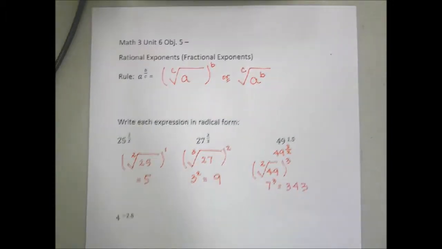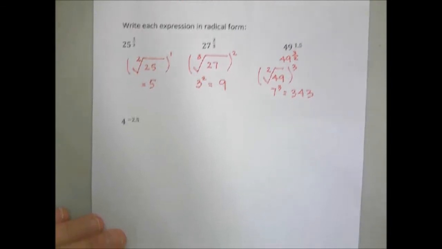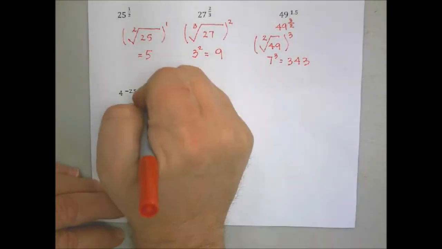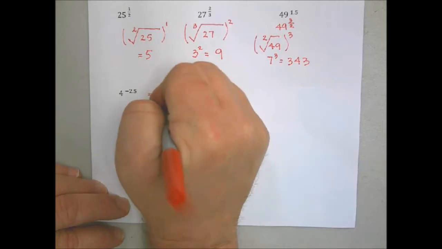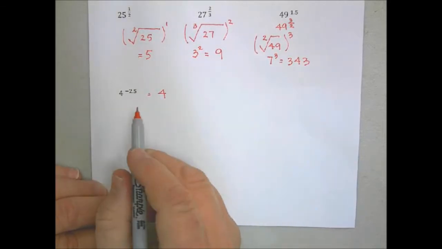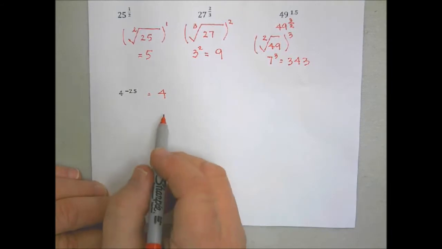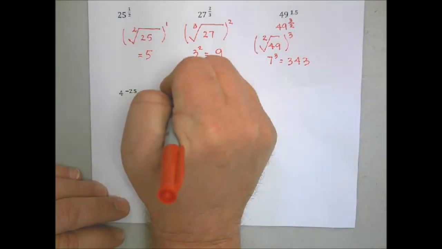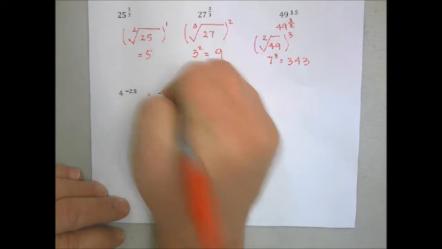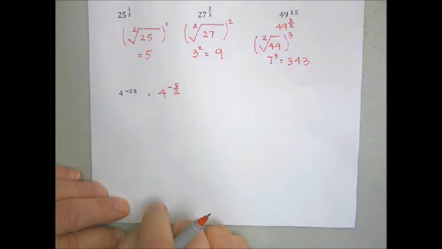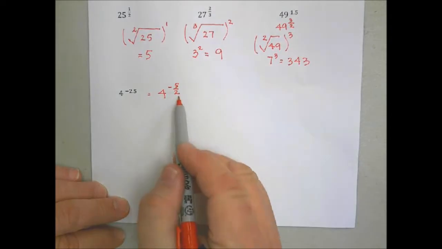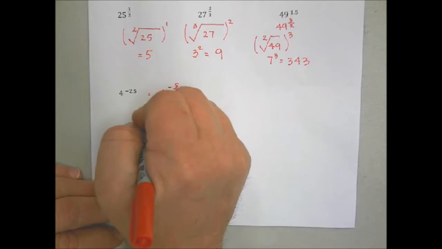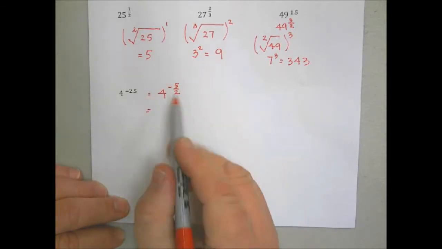Now the next problem, 4 raised to the negative 2.5. I'm going to keep this as 4 for a second. Now, 2.5 is the same as 5 over 2. So minus 5 over 2. So it's 4 raised to the negative 5/2 power. Now we're going to start reviewing one of those older rules.